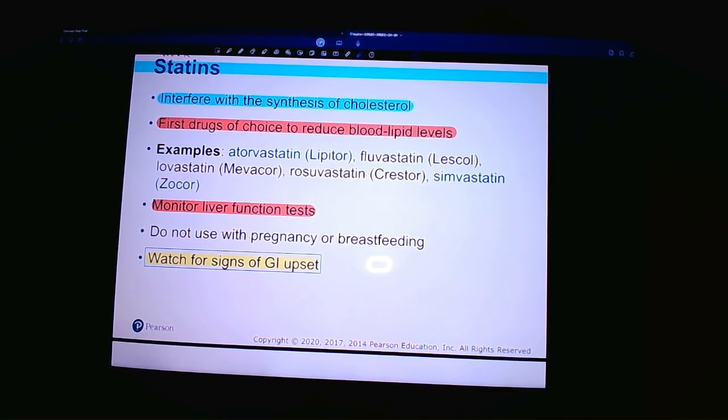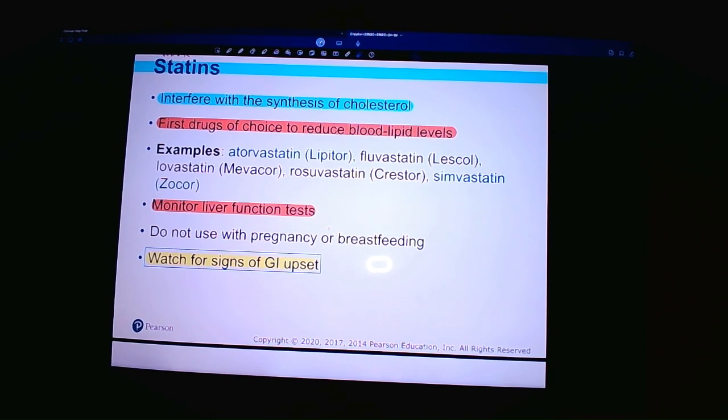The brand name is a little bit beyond me. But the biggest thing is why you want to watch your patient's liver function tests, maybe not constantly, but more than usual, because we're going to be doing something to the liver. Just like we talked about in the PUD drugs, like PPIs, they specifically turn off cells. Statins turn off things that help process in the liver.